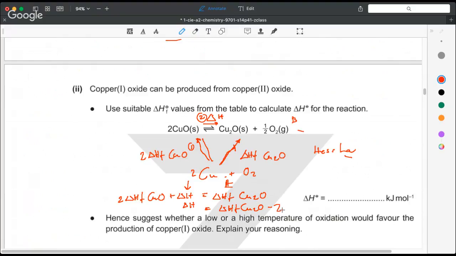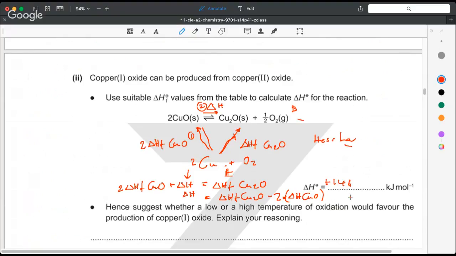So minus 2 times enthalpy of formation of copper oxide. You do all that, and again, you're going to end up with, sorry, I got that wrong, didn't I? So that one's 146. I'm copying from some notes here.